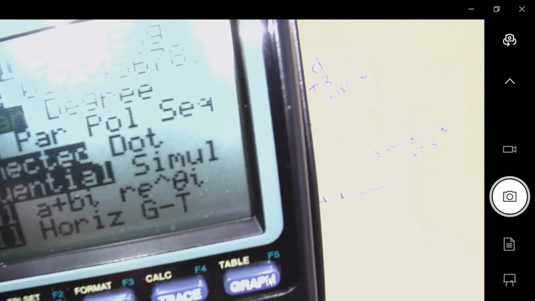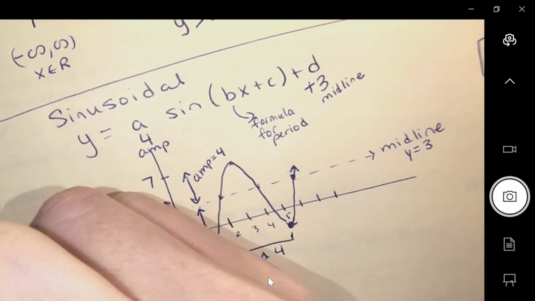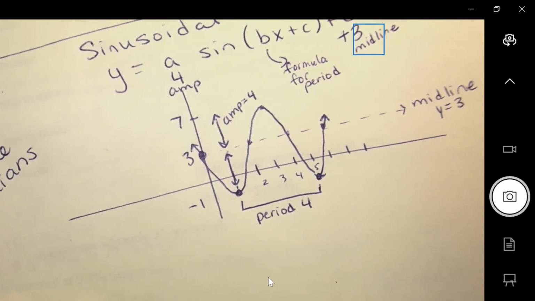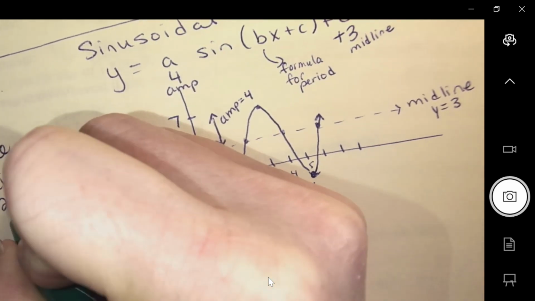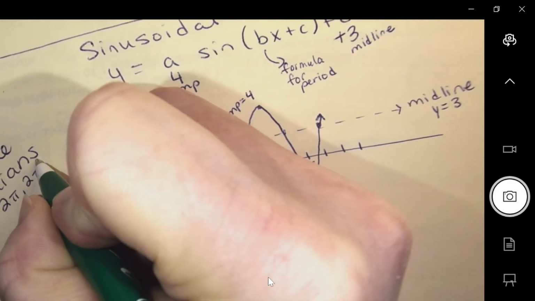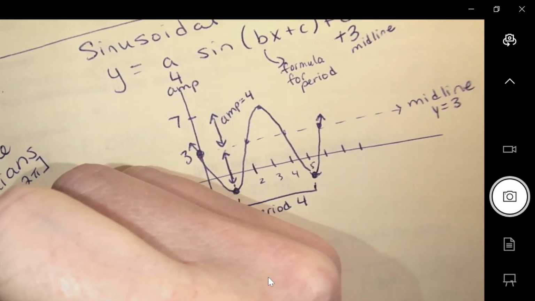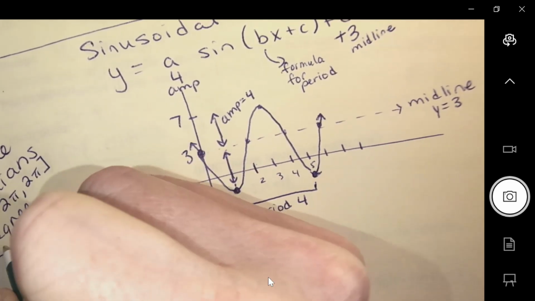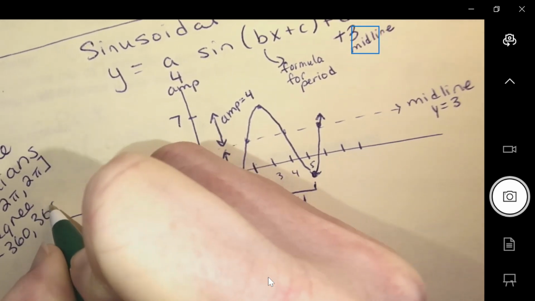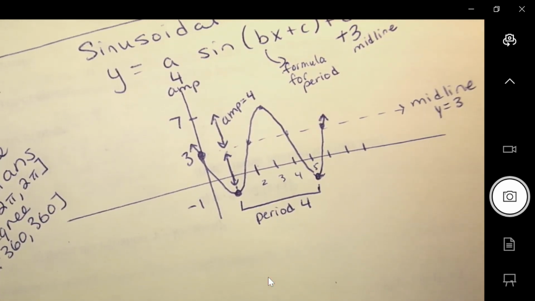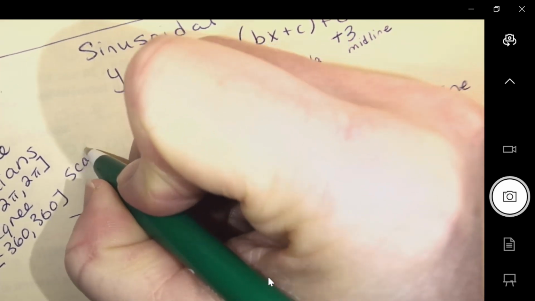So if you're in radians, your x-axis, you probably want something like negative 2 pi to 2 pi, versus if you need to be in degrees, you would go negative 360 to 360, right? I would do a scale of 90. I would do a scale of pi over 2.